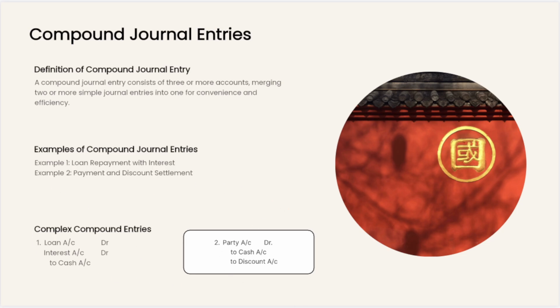Like this, we will see more compound entries. So what is said: three or more accounts in a particular entry.